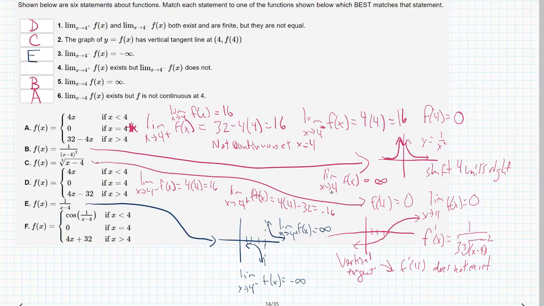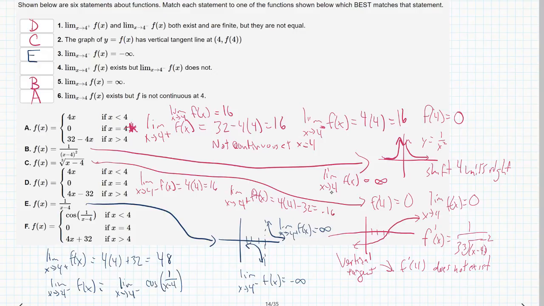And finally, last but not least, we can check this. Look at the limit as x approaches 4 from the right. What do we have? 4x plus 32. So 4 times 4 plus 32, that's 16 plus 32, which is 48. However, the limit as x approaches 4 from the left of f of x is the limit of cosine of 1 over x minus 4.